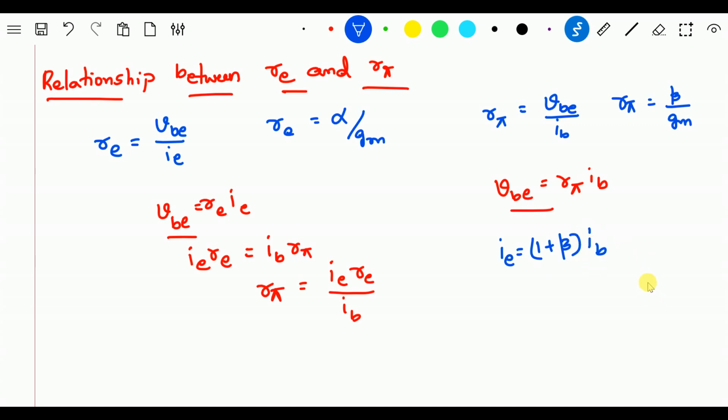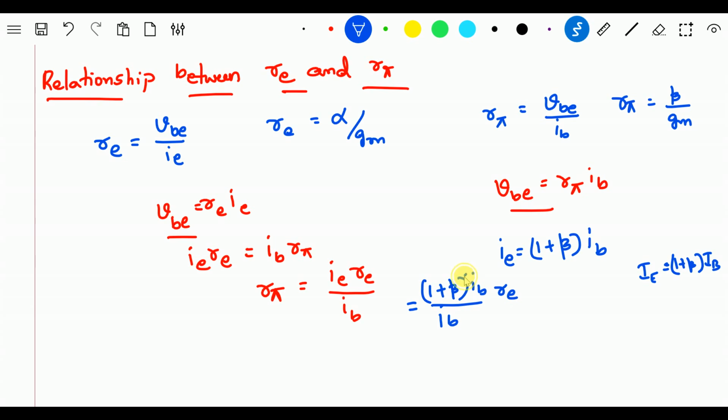In DC biasing circuits, when we discussed, I wrote IE equals 1 plus beta times IB, if you remember. Similarly here, the AC current will hold the same equation. So here I'll replace IE with 1 plus beta times IB, divided by IB, into RE.